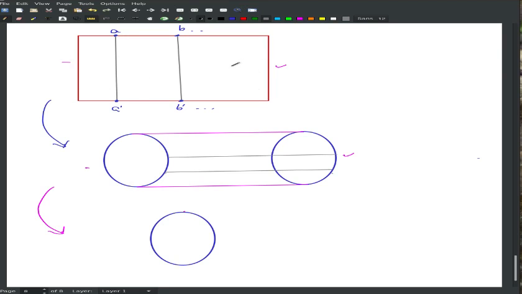If you do it twice, you get a shape like a torus. I'll be at a loss to draw it. It would be something like this.